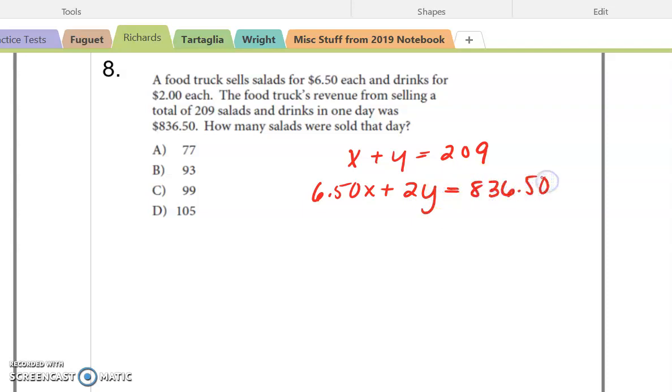Now, this is isolated, so you can either use elimination, where I just multiply the top by 2, probably what I'm going to do here. You could also isolate it and use substitution. You also have the option, if you have a graphing calculator, to get them into y equals and graph them.